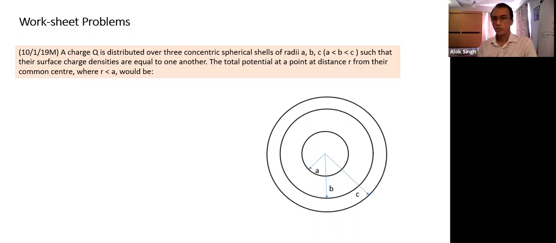Yeah. So again, it's very similar. Charge will be proportional to the square of the radius. Since three of them are there, you have to slightly change your approach.